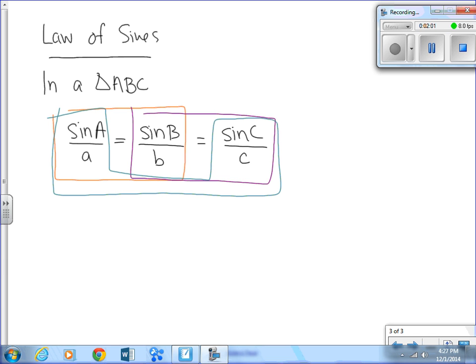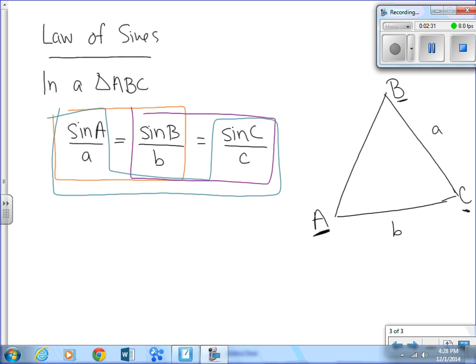Now, maybe just a quick refresher: if I have triangle ABC, remember the capital letters are the angles, where your vertices are, and the side is always across from the capital letter. So if here is capital A, my angle with a capital A, across from it is going to be the side labeled little a. Here's my capital B, across from it is the side labeled little b.